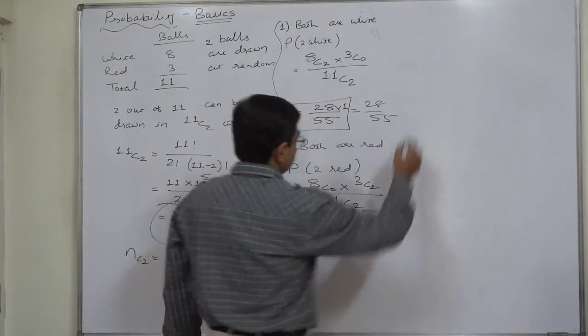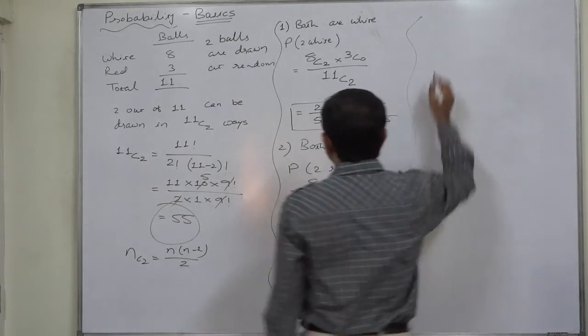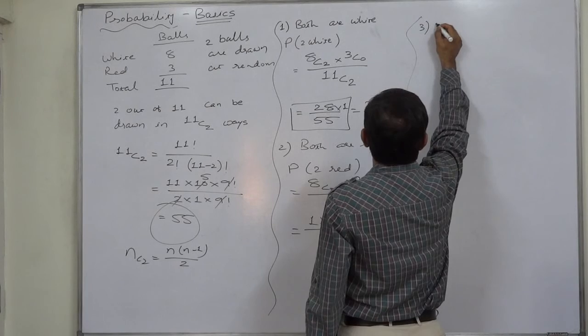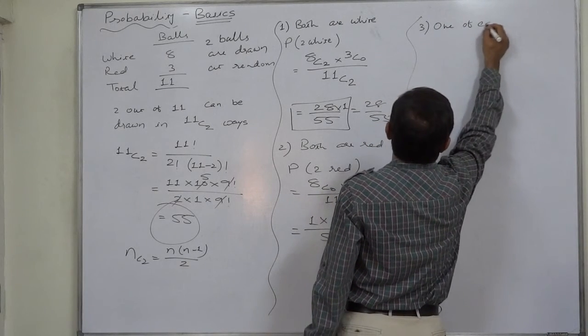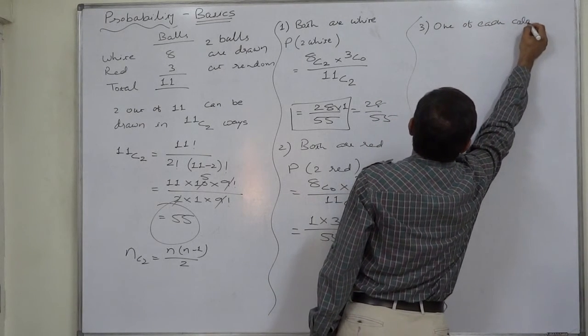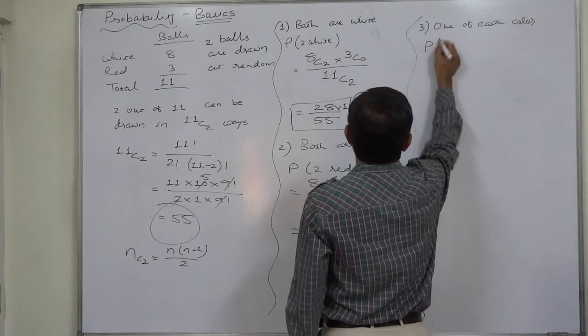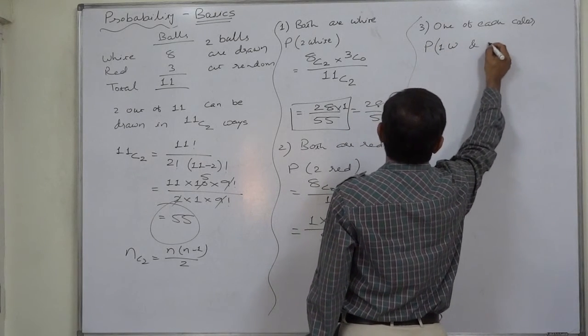And the third event we are interested in is one of each color. One of each color, that means one white and one red.